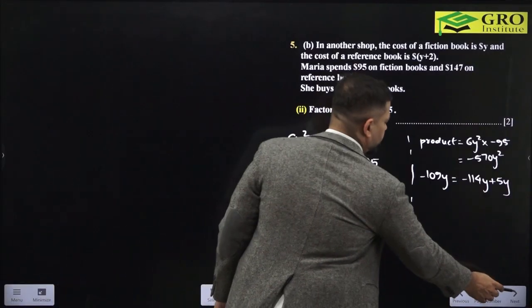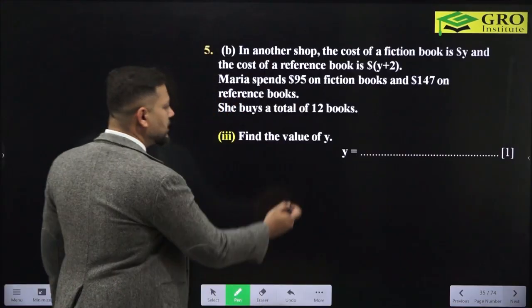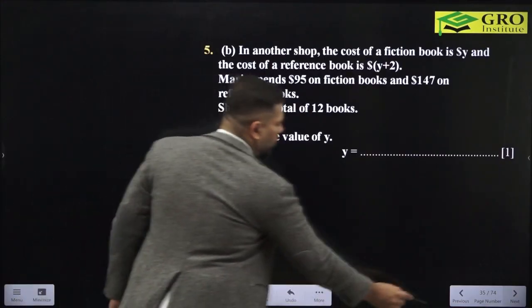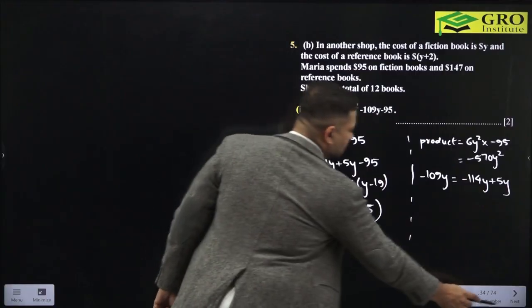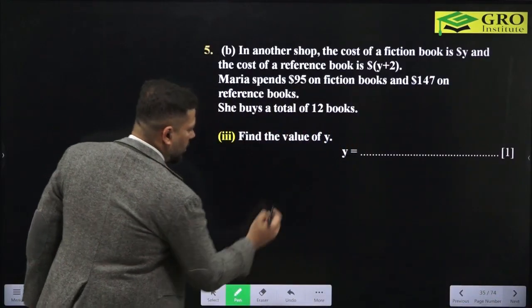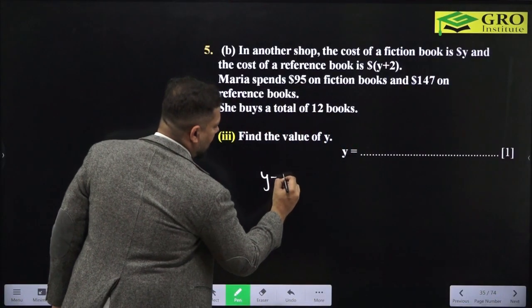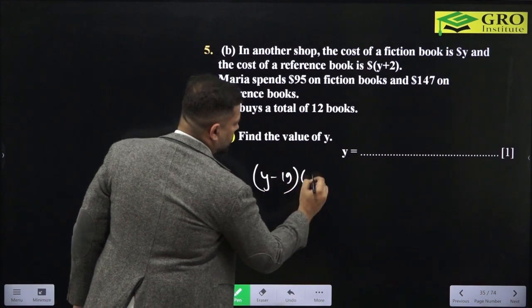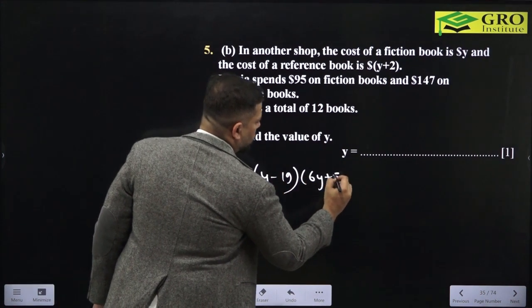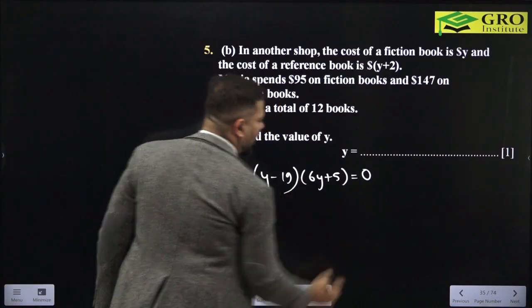Let us move ahead. What are our factors, guys? We need to find the value of y. If I look at the factors, it is y minus 19 and 6y plus 5. Y minus 19 times 6y plus 5. To get the value of y, we will equate it with 0.